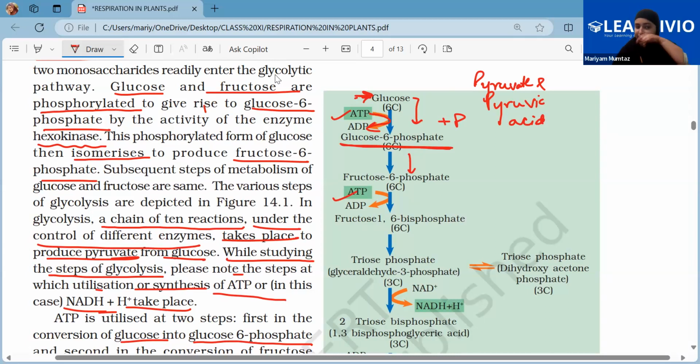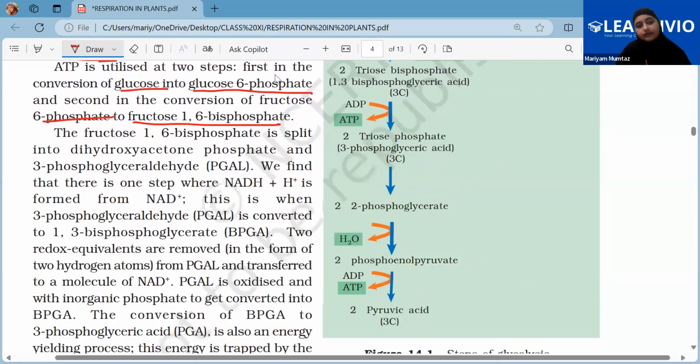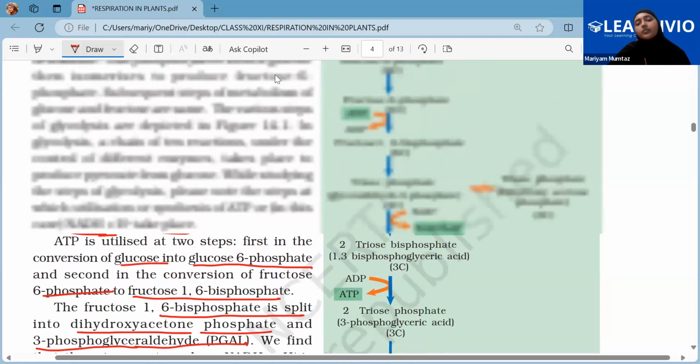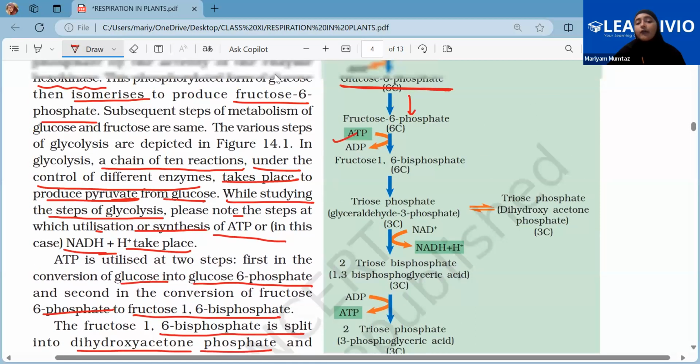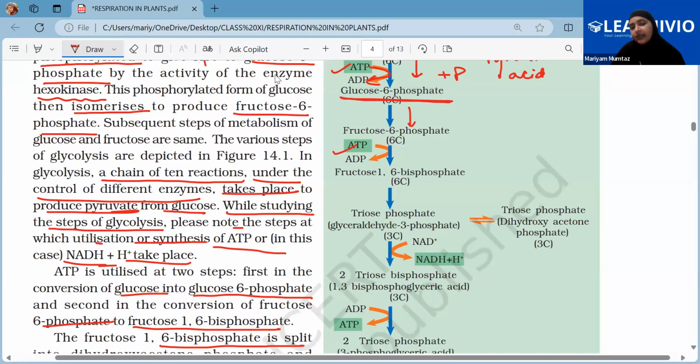Now, fructose 1,6 bisphosphate is split into dihydroxyacetone phosphate and 3-phosphoglyceraldehyde. After fructose 6 phosphate is formed, it gets converted into fructose 1,6 bisphosphate, meaning two phosphates are there.